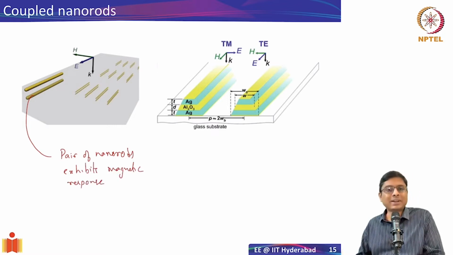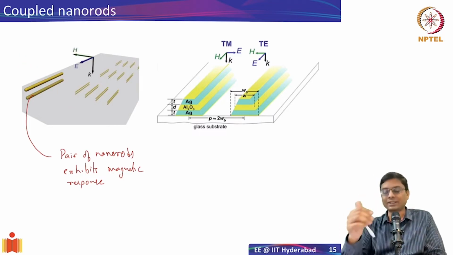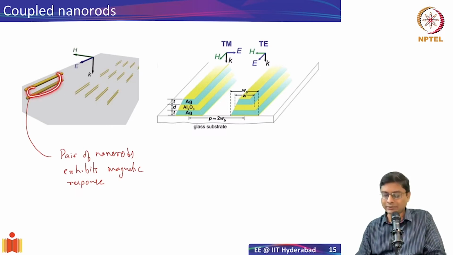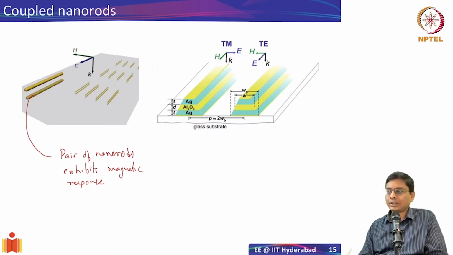The reason is, the magnetic field is perpendicular to the axis of the nanorods, and then you can have a circulating current going in these two rods. So you'll have conduction current and then the displacement current at the gaps. This circulating current will give you the magnetic response. This proposal was made way back.